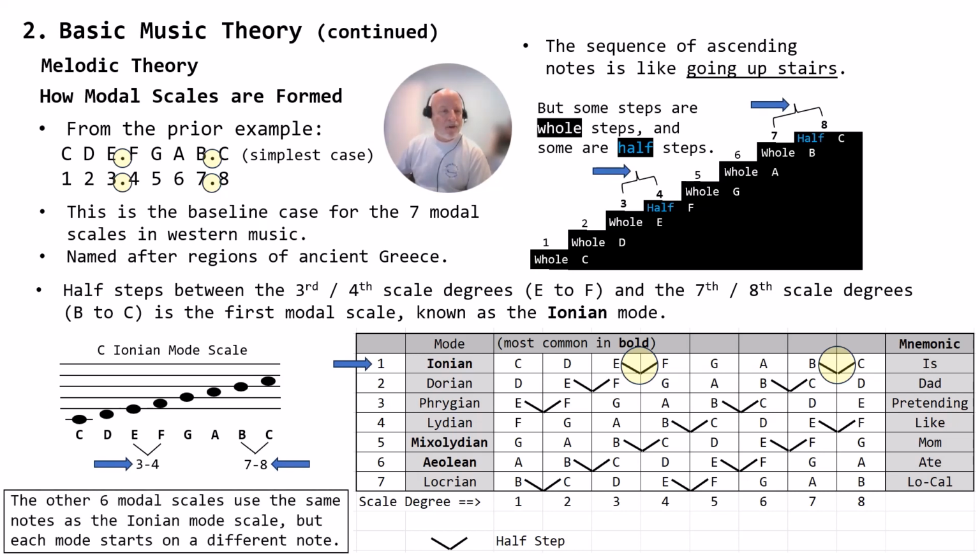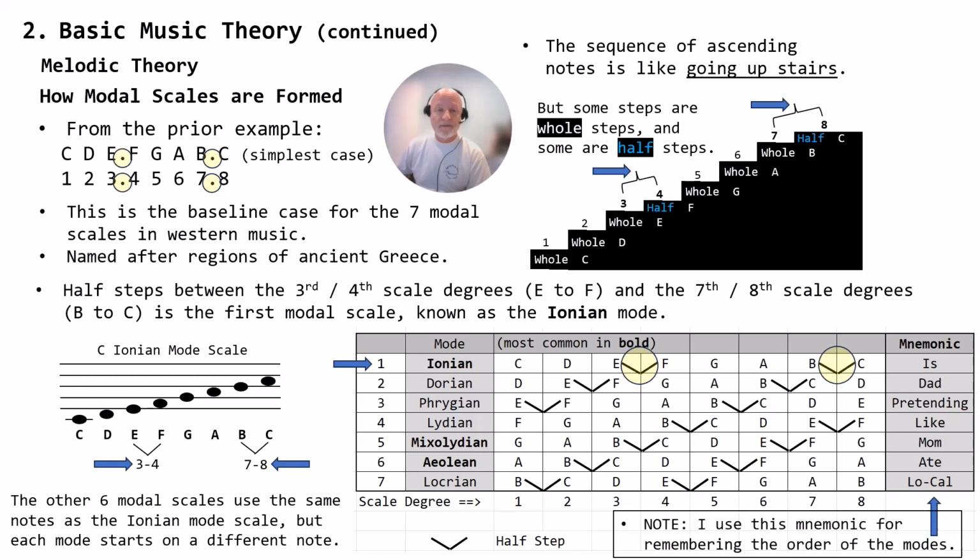All right, so the other 6 modal scales use the same notes as the Ionian mode scale, but each mode starts on a different note. And I use this mnemonic sentence to remember the order of the modes: Is Dad pretending like Mom ate locale?